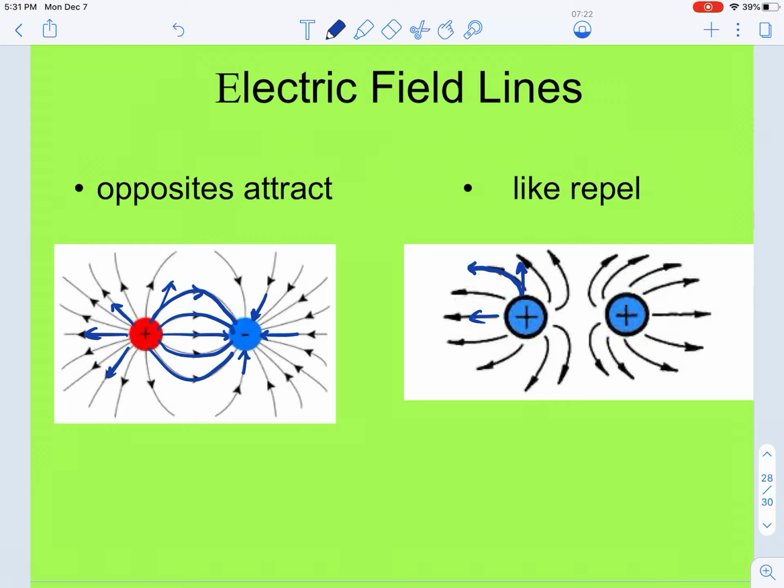So instead of coming straight out in this direction, this field line is actually turning because it is repelling from the positive charge on the right.